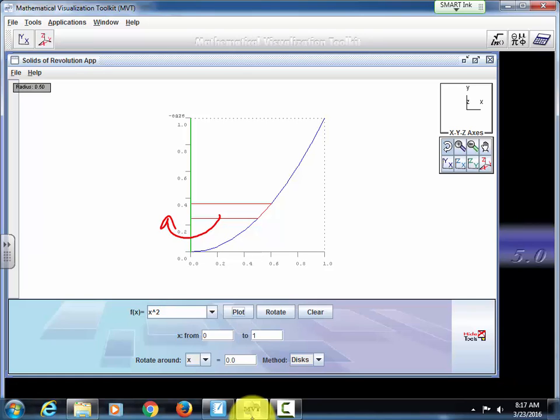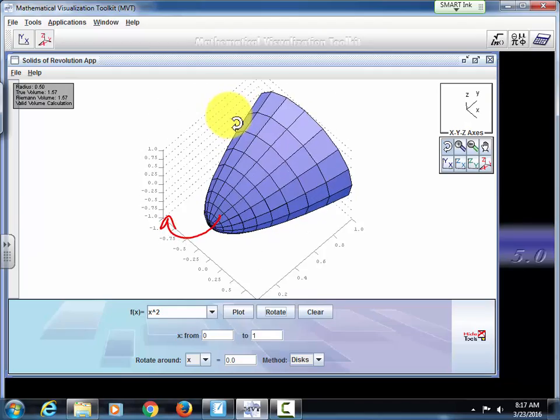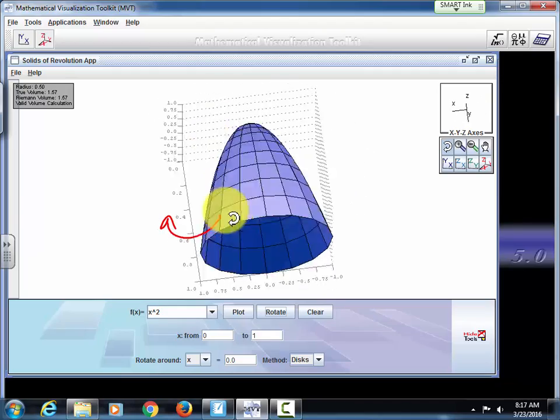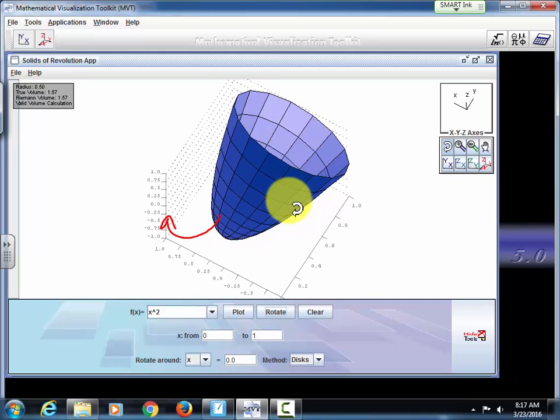So we'll have a little small disc like that all the way around. And if we actually do integrate it, we get something that looks like that. So instead of a horn shape that gets bigger, it looks more like an awkward looking bowl, a thimble, something like that.